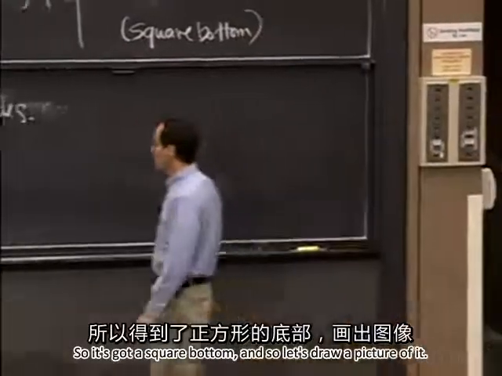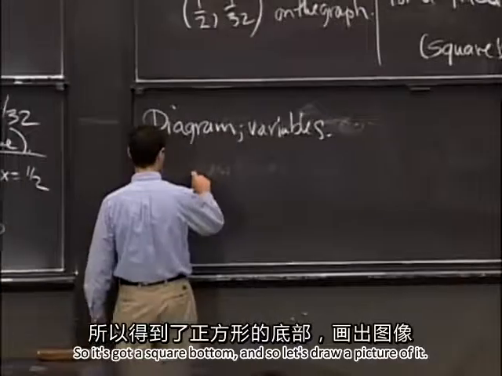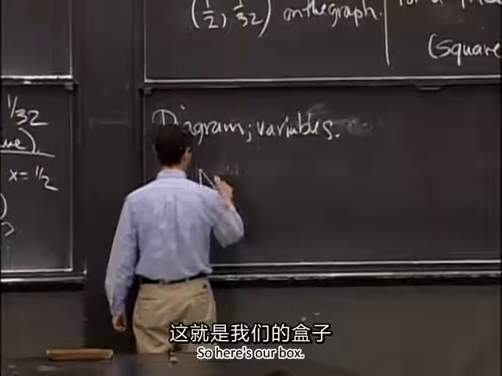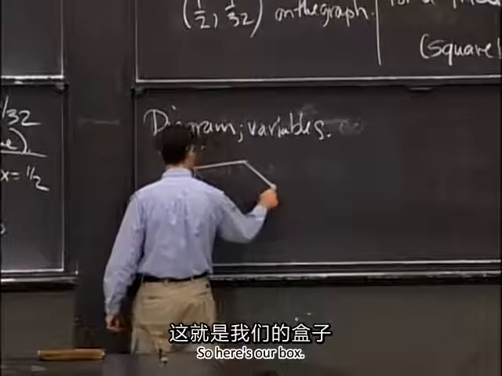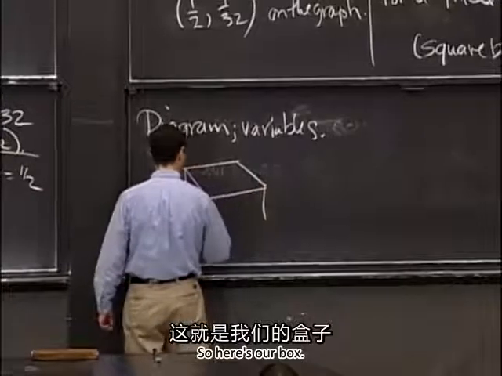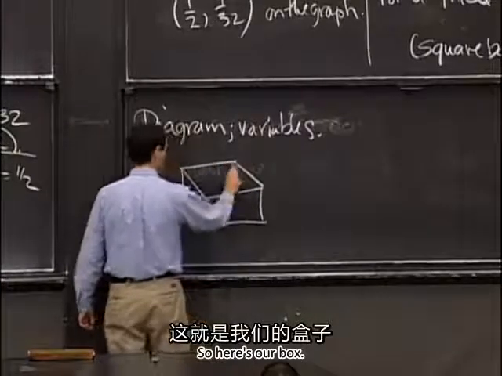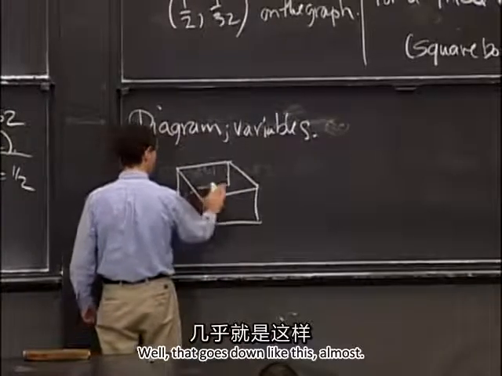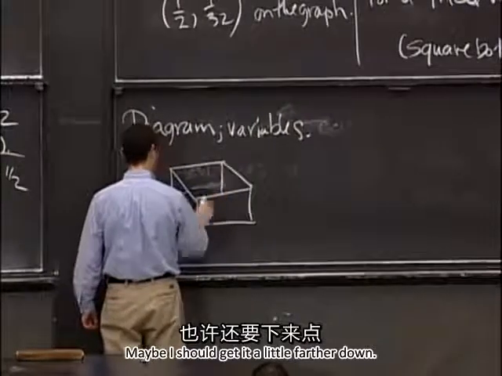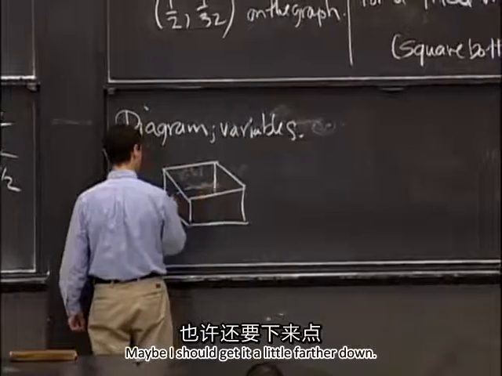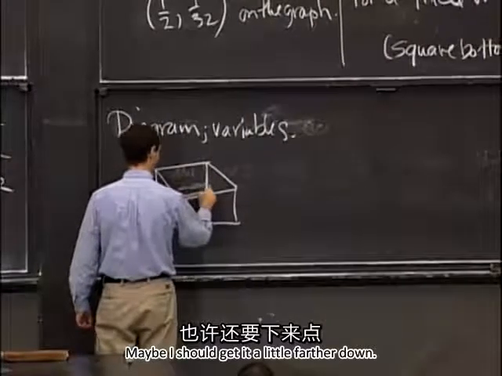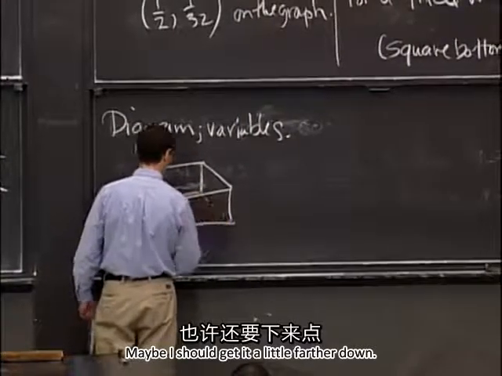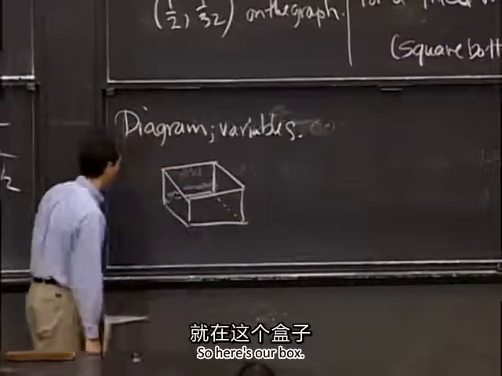So it's got a square bottom, and so let's draw a picture of it. So here's our box.